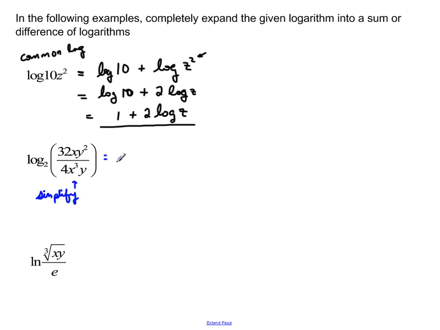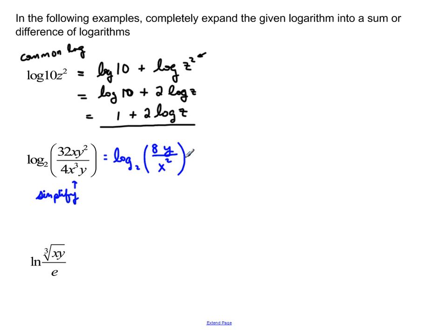So what have we got? Well, we know that 32 divided by 4, that's 8. So we can actually reduce that. We'd be taking the logarithm with a base 2 of 8 in my numerator. The x and the x cubed in the denominator actually cancel out, and it gives me x squared in the denominator. And of course, y squared and y, that reduces, and it gives me just plain old y.